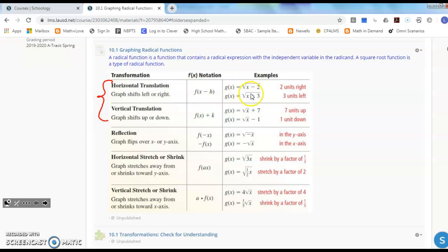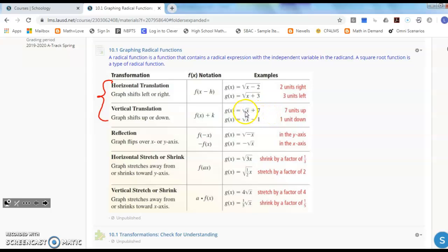So horizontal translation is described by constants that are added or subtracted under the radical sign, okay? While vertical translation is for the constants that are added or subtracted outside the radical sign.